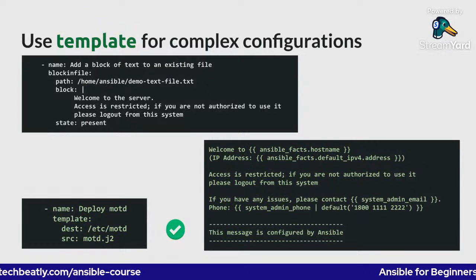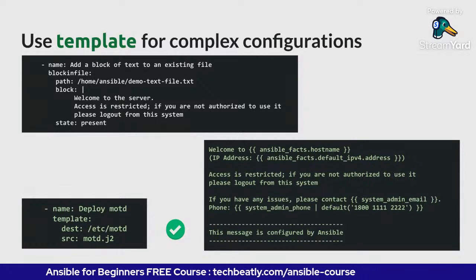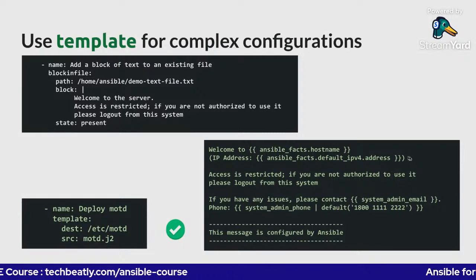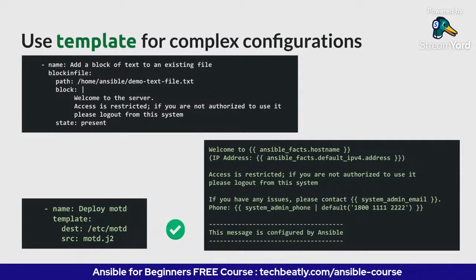This templating is very, very useful when you want to execute something like, let's say I want to change the Nginx configuration for a new web server. You can put everything in a template and just put some variable to replace with, and the target file will be replaced with proper content using the templating.